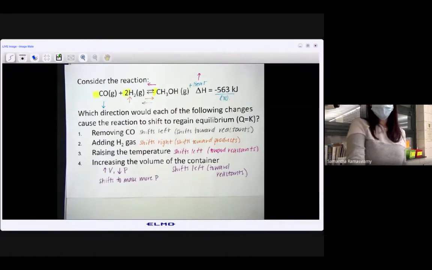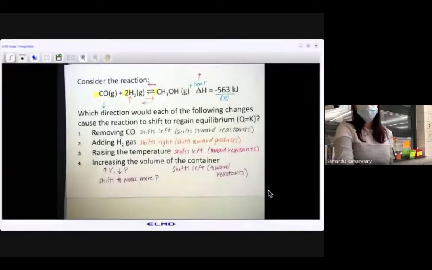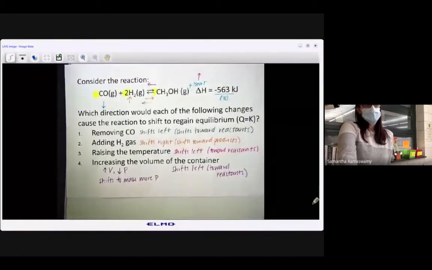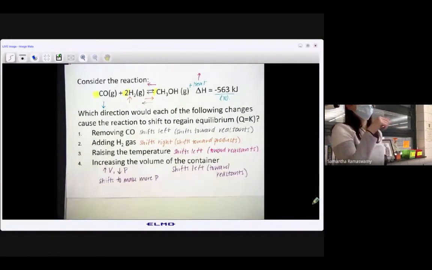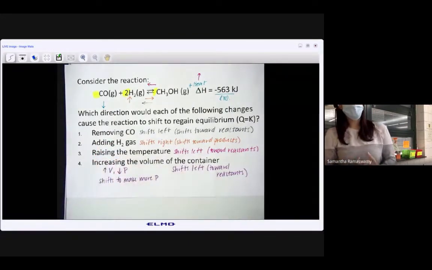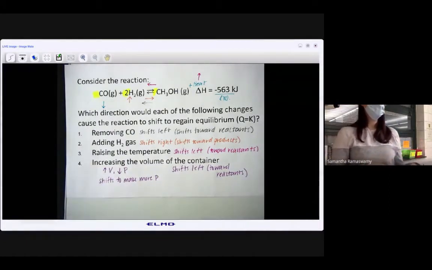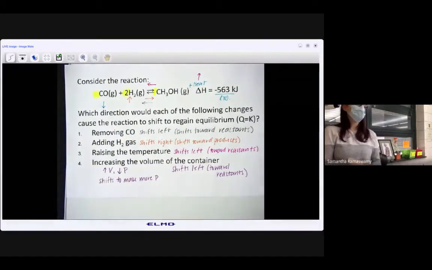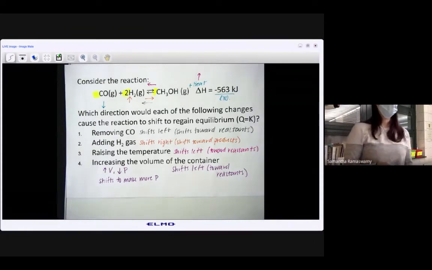Any other questions? Wait, so what is it like no effect? Is that like the change in K? So yeah, the only thing on here that changes K is temperature. The other thing that would be no effect for shifting is a catalyst, so a catalyst won't affect it. Or if you try to add a noble gas, like neon, noble gases are unreactive.